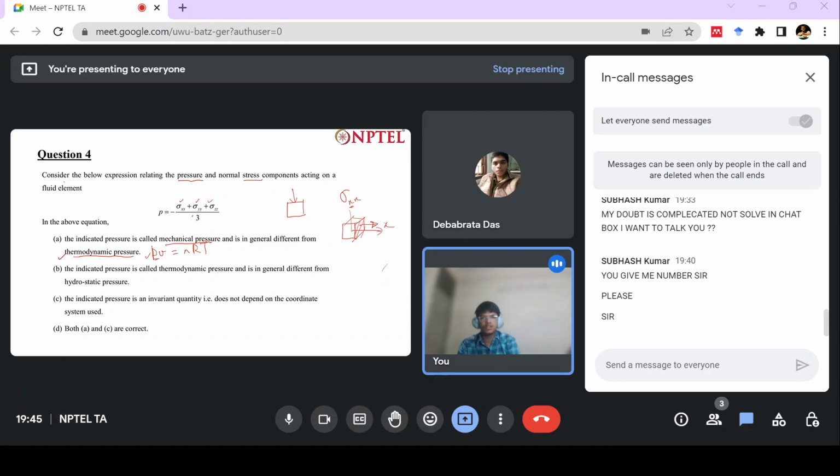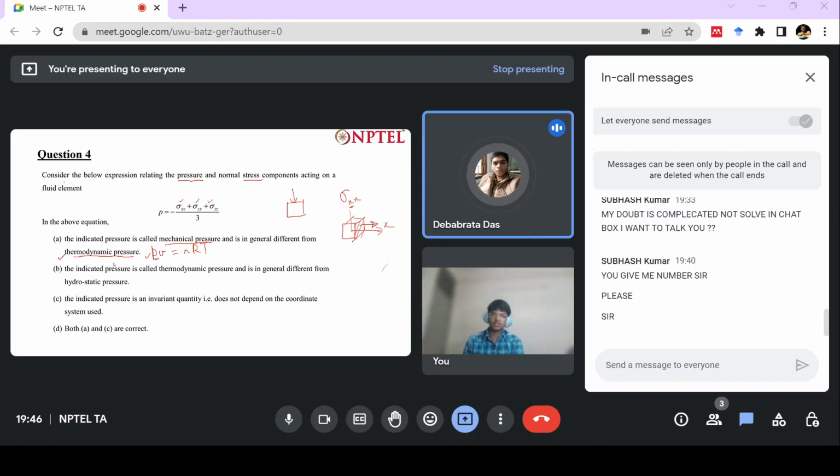Similarly, YY is normal and ZZ is also normal. So this is minus sigma xx plus sigma YY plus sigma ZZ divided by 3. So this is basically the average normal stress, right? Whatever normal stresses we are getting, we are just averaging. So what is this? Is this mechanical pressure or thermodynamic pressure?